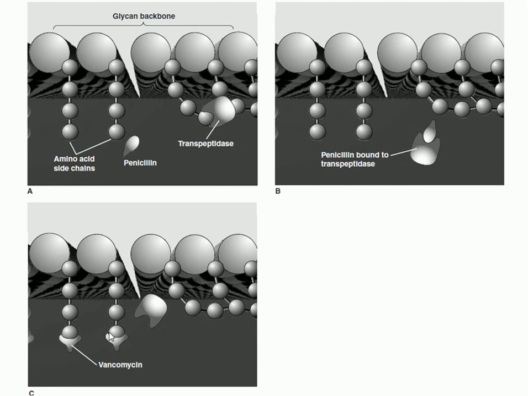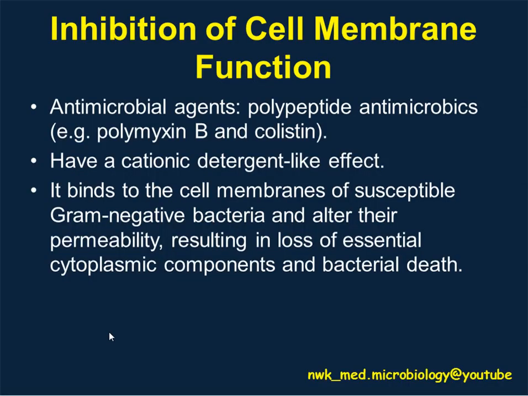In summary, these types of antibiotics either directly inhibit the enzyme which synthesizes the bacterial cell wall, or they bind to the amino acid residue directly to make the enzyme unable to catalyze the linking of these amino acid residues.